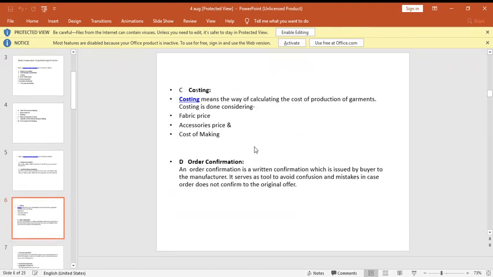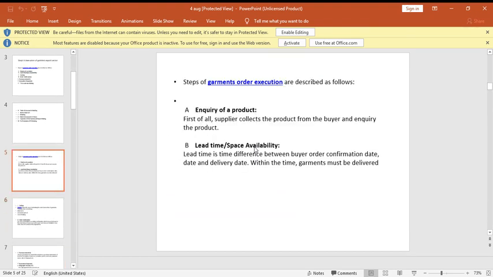So these are the steps executed in the garment sector.